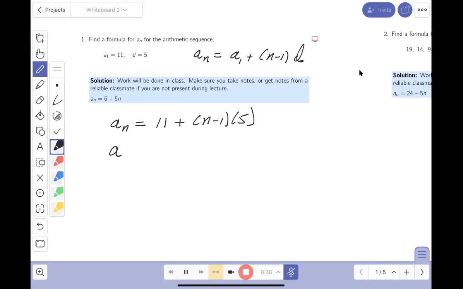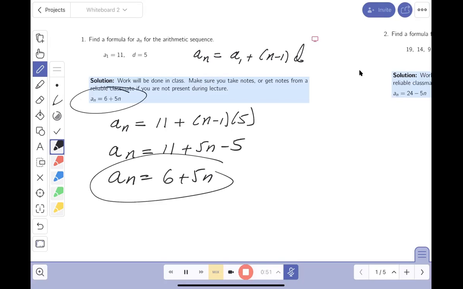It's in your interest to simplify this: 11 plus 5N minus 5. AN equals 11 minus 5, which is 6, plus 5N. Of course, that answer is staring at you.